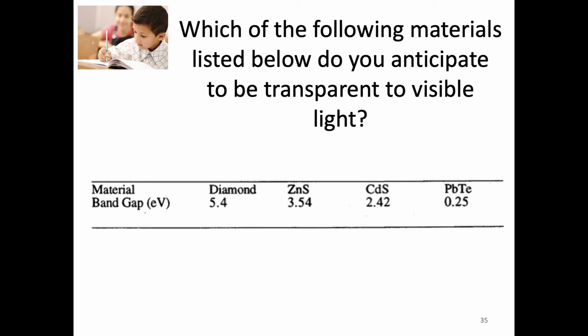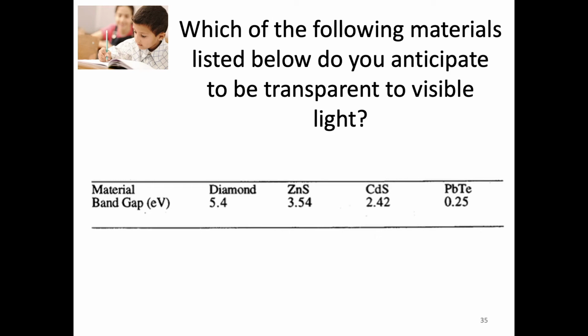So there's no absorption, right? Because if we were able to promote an electron from the valence band to the conduction band, then that could absorb light and cause the material to be opaque or give us some coloration.